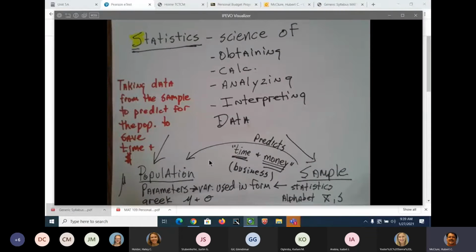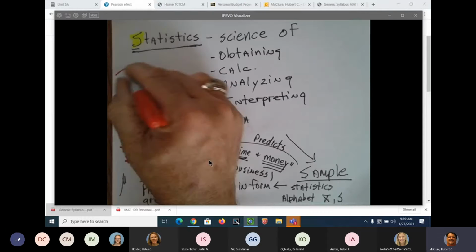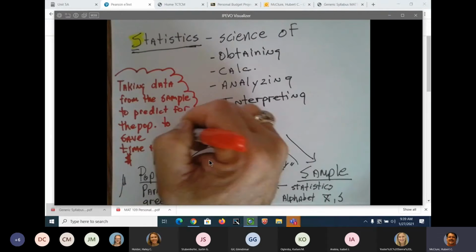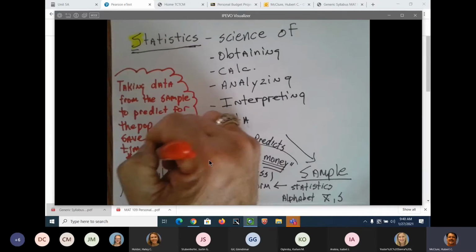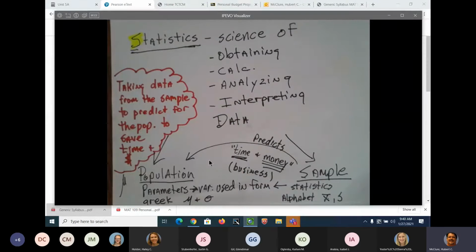Now, I guarantee you, some of y'all have sat through a whole semester of probability and statistics and didn't know what it was for. There's your answer.